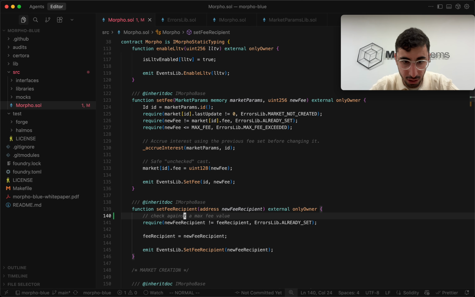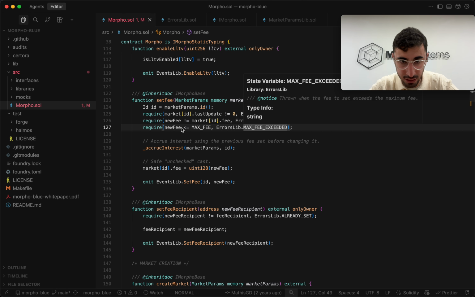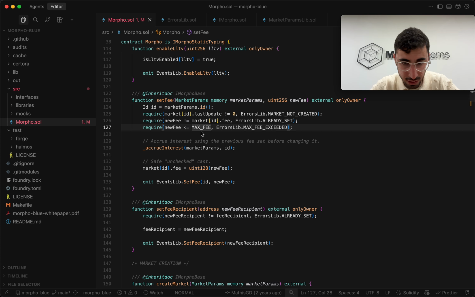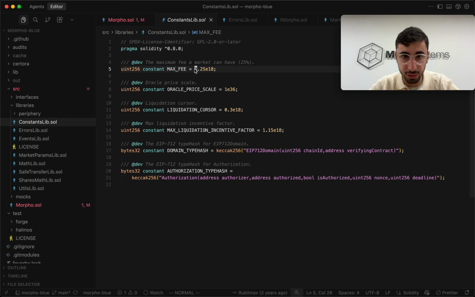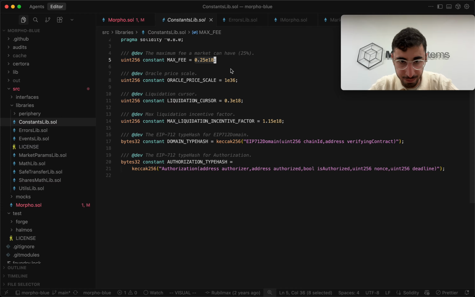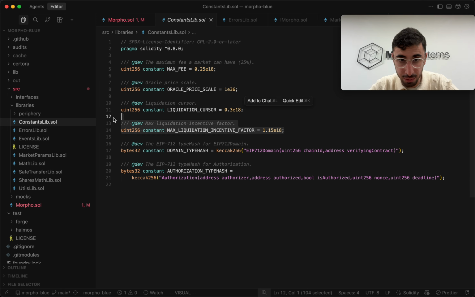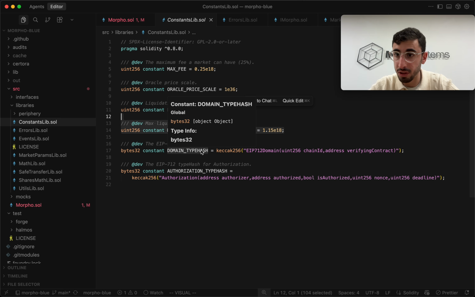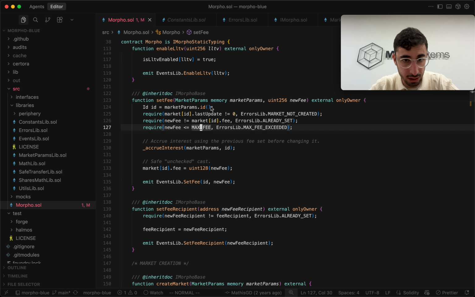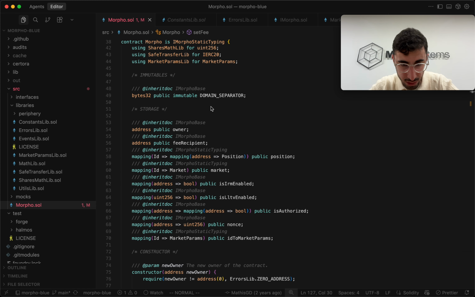Oh, that's the recipient. Oh, here, max fee exceeded. Exactly, max fee, set fee. There you go. 25%. Yes, okay. Also, again, they do this for errors, they do this for events, they do this for constants as well. They put a constant inside the libs. It's kind of clean.